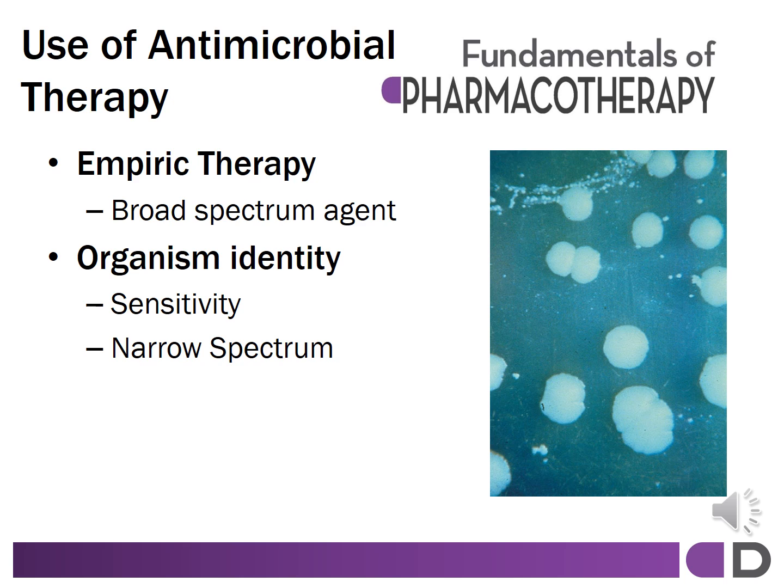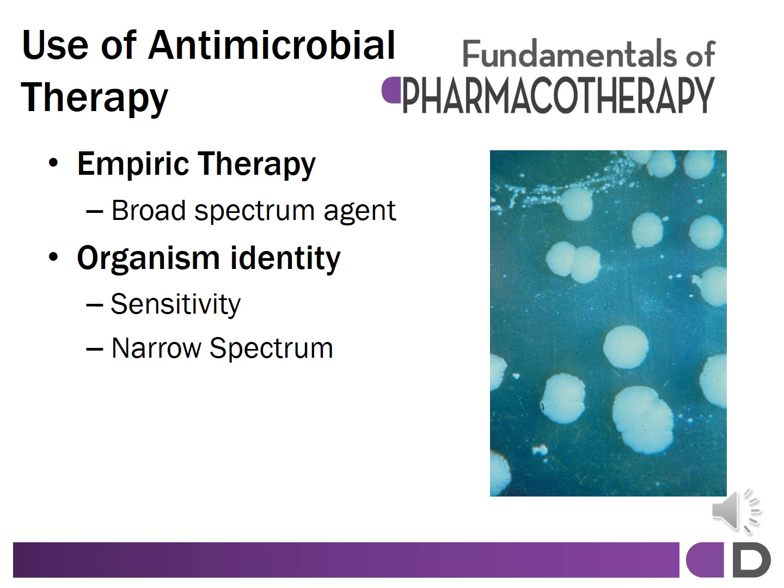So even though we want to use very narrow and sensitive agents, often when a person first presents with an infection, we don't know exactly what's causing it, so we treat it empirically. This means we are using our best judgment based on the symptoms and location of the infection and other factors, but we don't know what the causing organism is yet. This is one place where we would use a broader spectrum agent or a big gun that can kill many organisms.